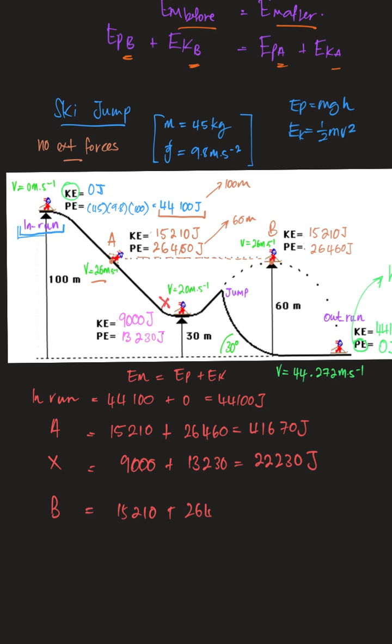Right, at point B, I have 15,210 plus 26,460. And then I'm going to get 41,670 joules. And then here at the outrun, I'm going to have 44,100 plus 0, which is going to give me 44,100 joules.